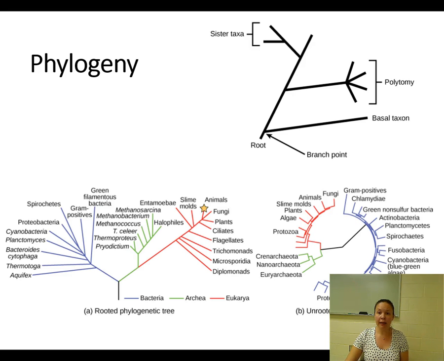So moving on a little bit to phylogeny, this is the last portion of the evolution unit. Again, going back to these evolutionary trees, scientists have developed these evolutionary trees over several hundreds of years. A lot of them that I'm seeing now are more of the circular trees, but some are still this kind of linear format.